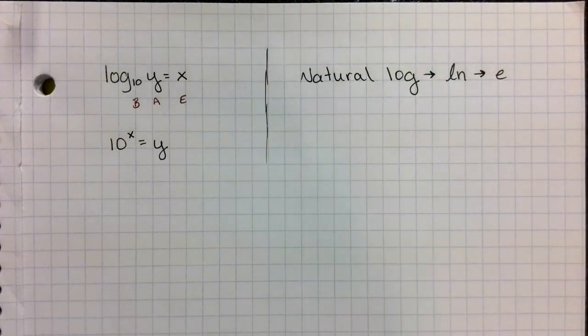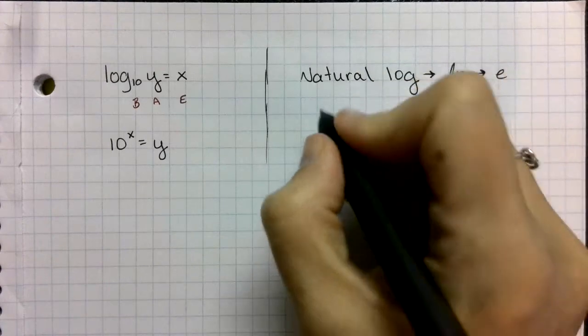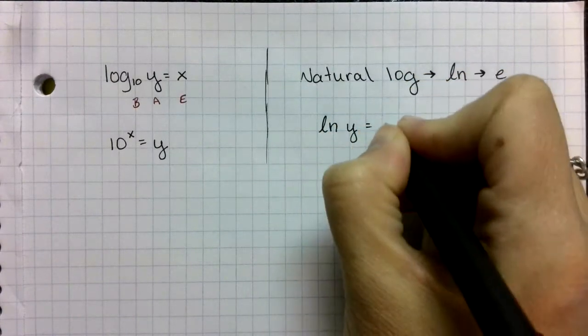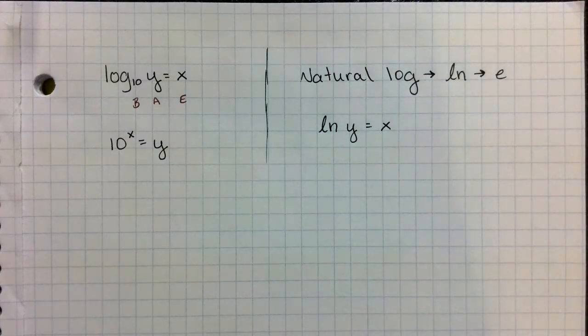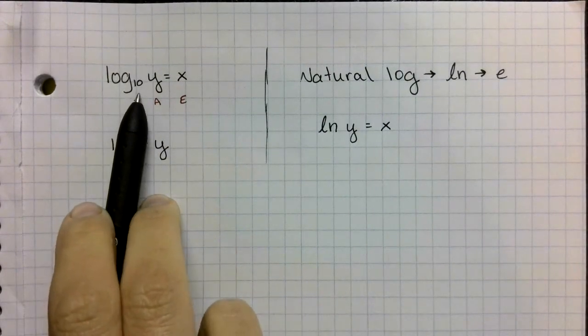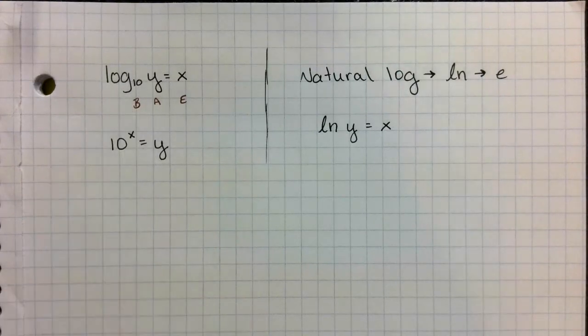One of the things we need to know about a natural log is that when you have a log with no base written, we were working under the assumption that it had a base of 10.